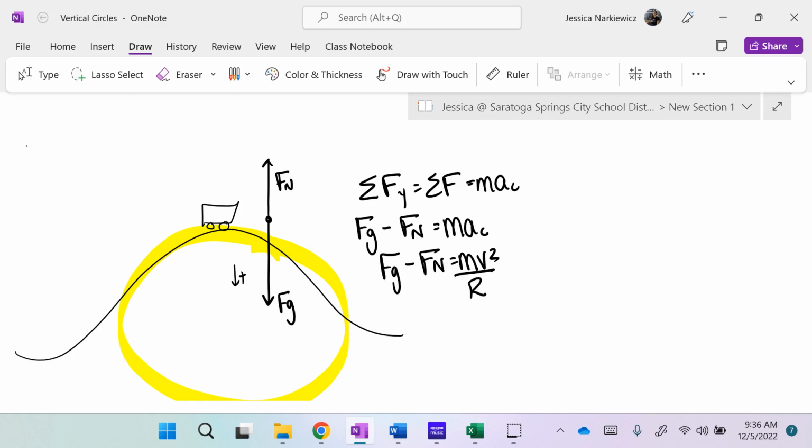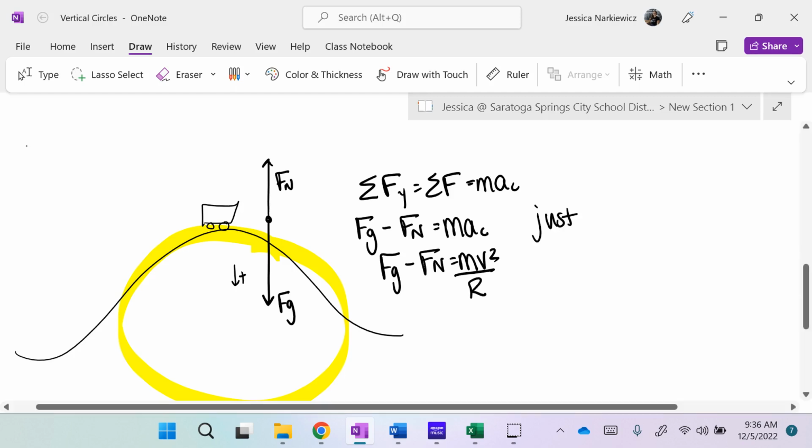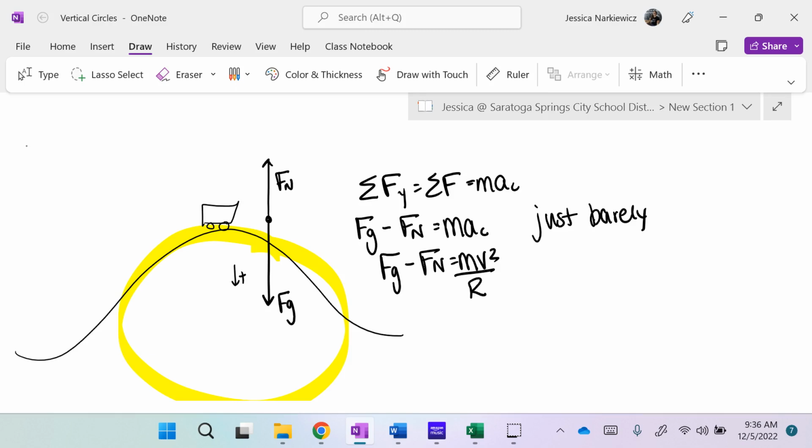Now, if you've ever gone over a hill relatively quick, you know that there's probably a speed we shouldn't exceed to go over that hill, right? Because we still need to have a normal force. Okay? So again, we can get a just barely making it over, but in this case, we're going too fast.